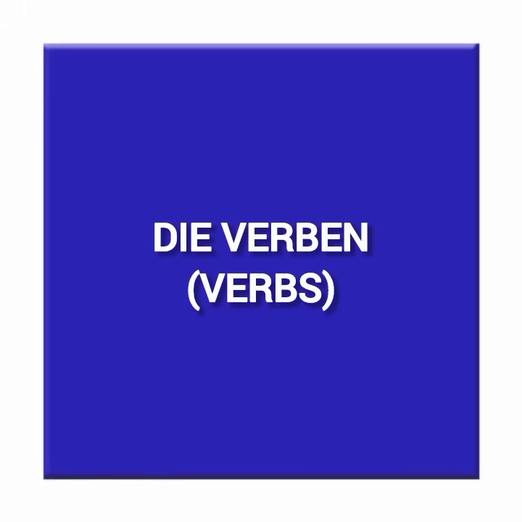So our topic here is going to be on the verbs, which we call die Verben. The various types of verbs in German include, by the end of this topic, the following.